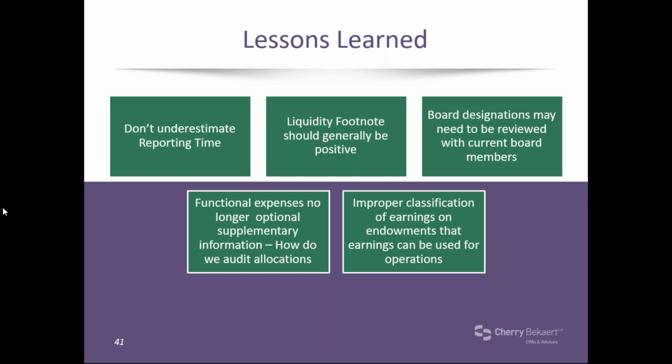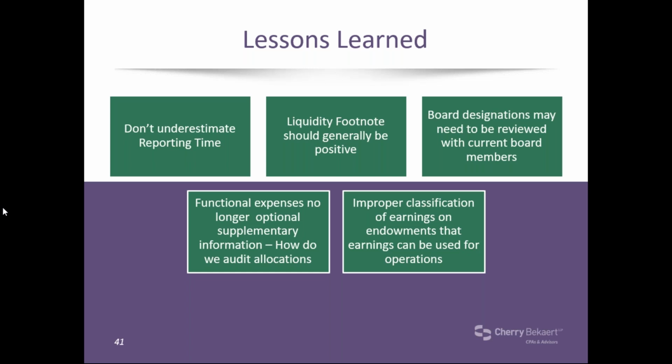If you had presented a statement of functional expenses as a supplemental schedule, you would notice that your opinion is an in-relation-to opinion, and there were limited procedures done over that statement. So your auditors may need to look at some of the major allocations that you're doing to make sure they understand, and maybe do some additional testing. So that's something to be conscientious about.